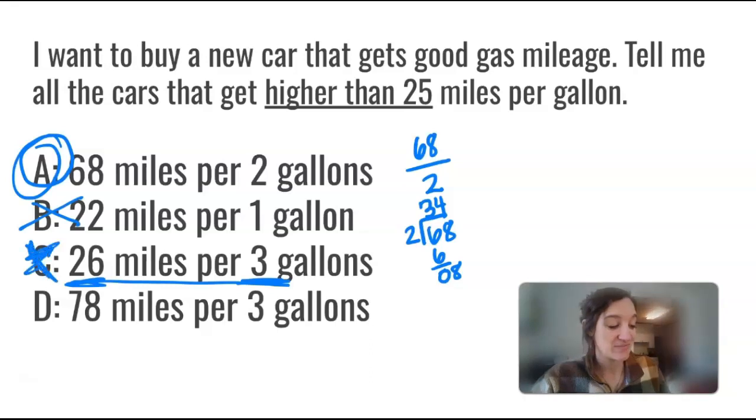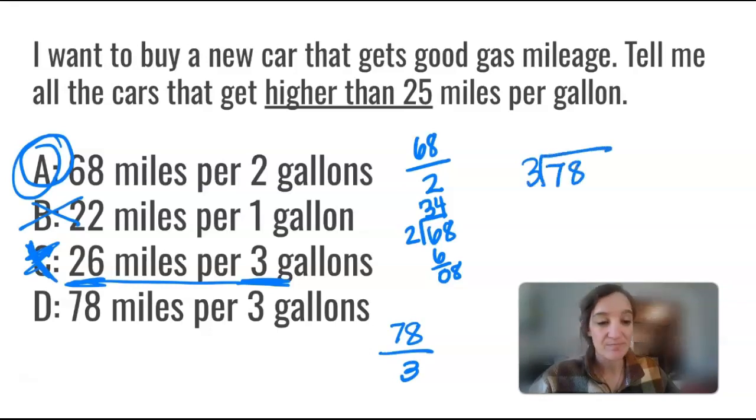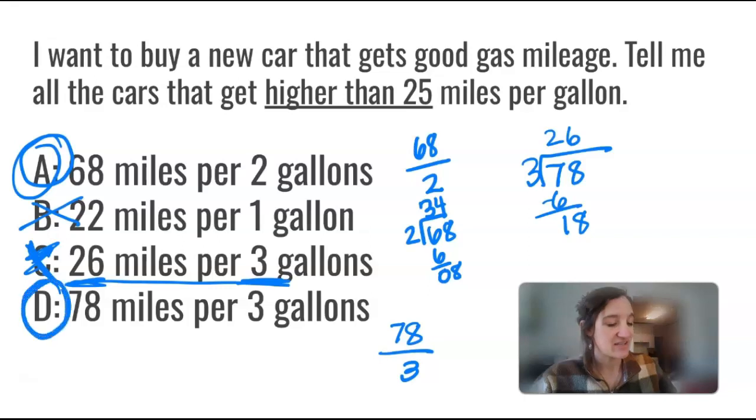No, siree. Okay, come on, D. D is 78 miles in 3 gallons. This one has promise. Let's figure out what the unit rate is. Take the top number, divide it by the bottom number, and it's looking good so far. Ooh, yes, 26. So you're going to say, Miss Madsen, look into car A and D if you're wanting a car with good gas mileage.